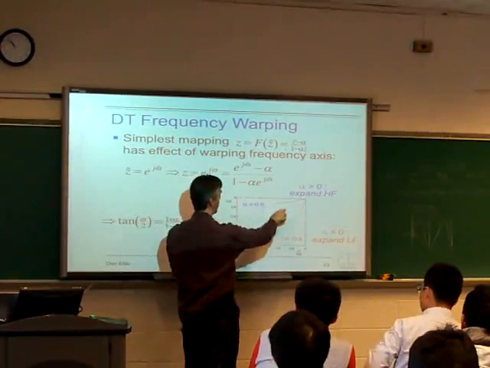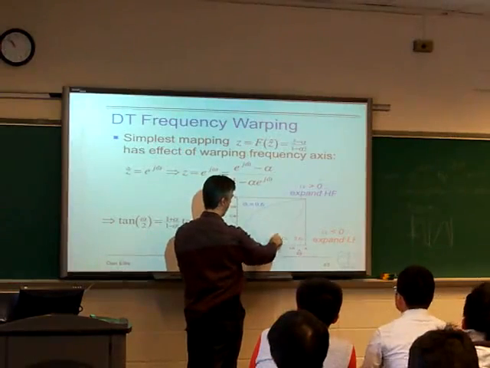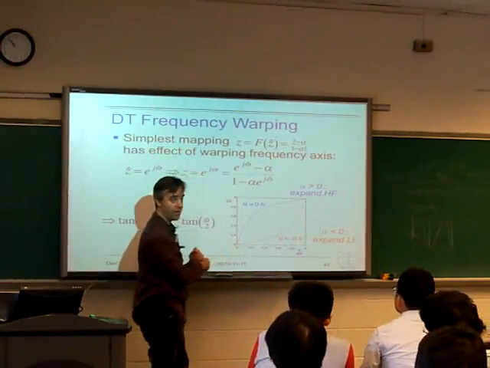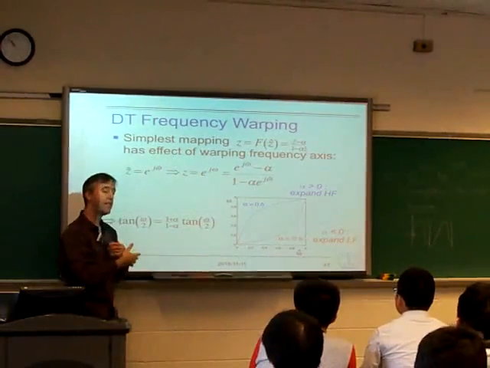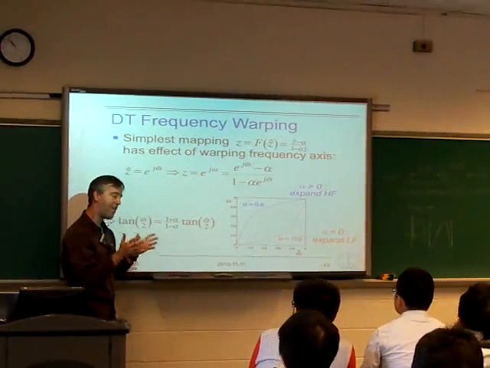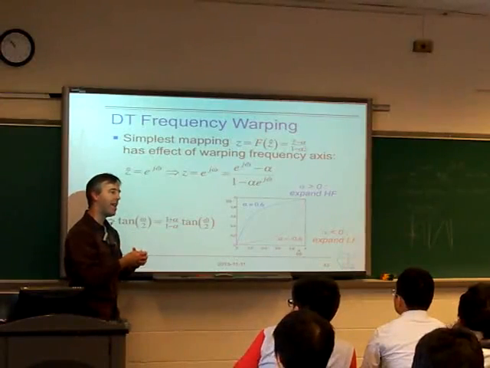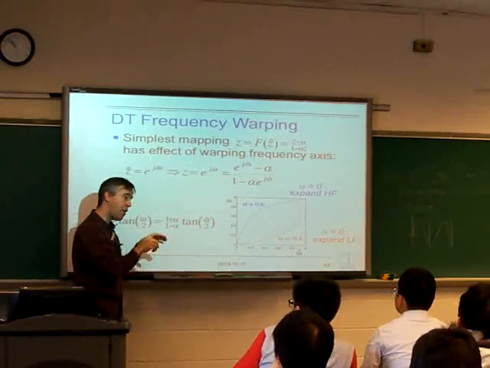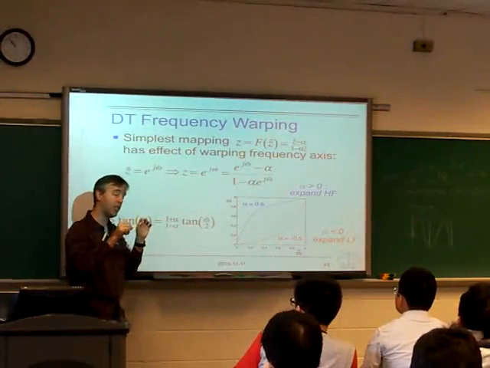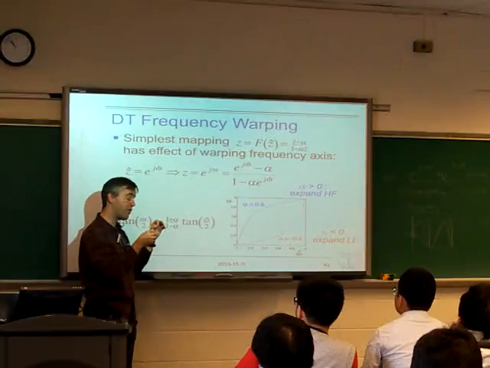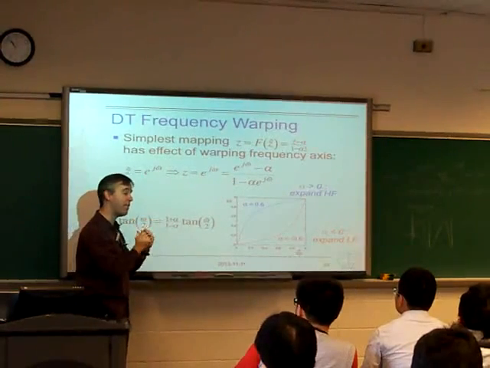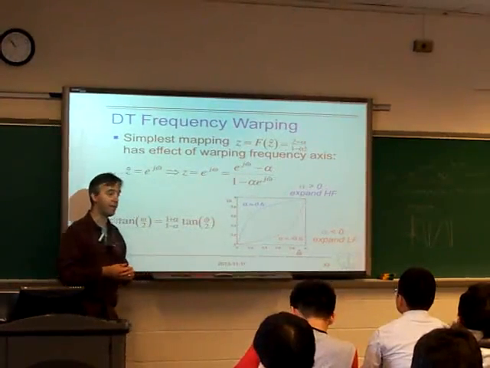Or if I did minus 0.6, they would land up at 0.2 radians per sample. And so that's this thing. You can give me any z-domain system, and I can just move its features around without, again, changing the actual magnitudes and phases of the individual frequency response values, just the frequencies at which they occur, just by doing this substitution.